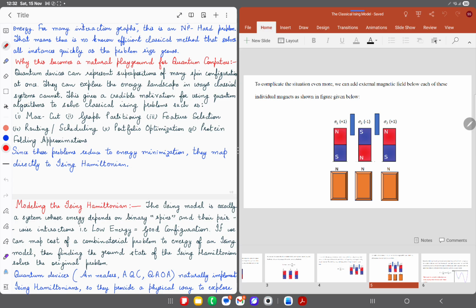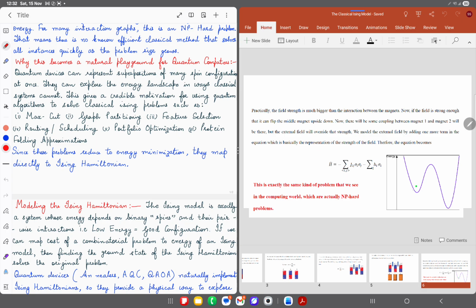That means we are trying to disturb the system. In that case, the system can come out of this local minima and can reach the global minimum.